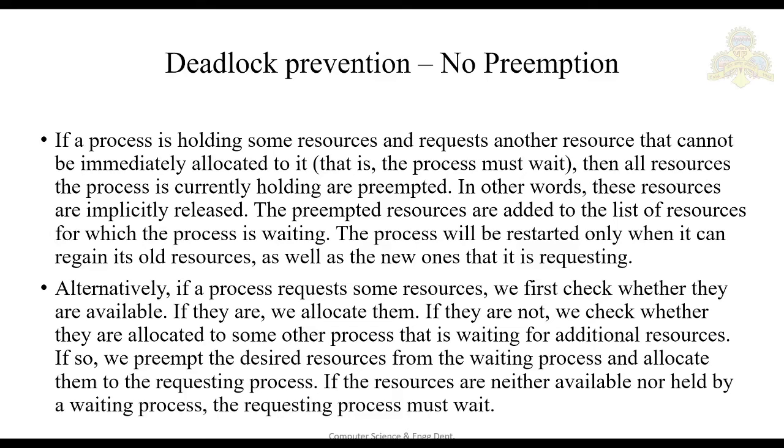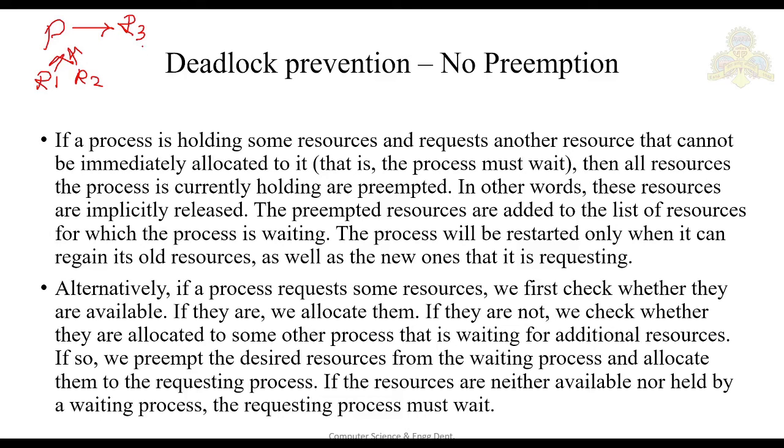Say, for example, you have a process P which is currently holding resources R1 and R2, and now P is requesting another resource, R3. It is known that R3 cannot be immediately allocated to this process.